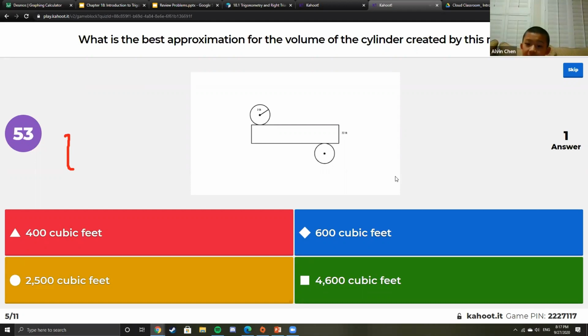Yeah, all of them are in feet, so I don't care about the units. Wait, no, that's 22? Oh, great, I'm dead. Wait, no, I'm not dead. Phew.